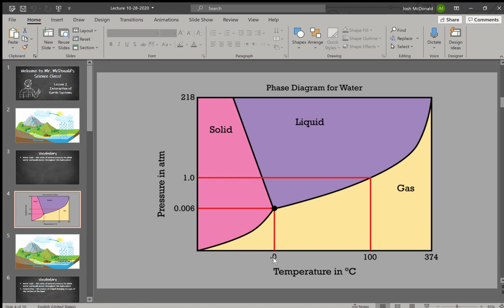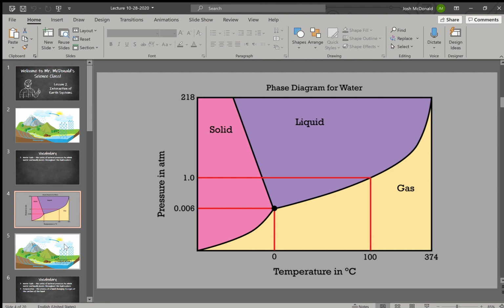And so we know that water freezes at 0 degrees Celsius, and we know that it boils at 100 degrees Celsius. So as we move through the water cycle, we'll refer to this and we'll look at some of the ways that it actually changes phases and some of the ways that it moves.